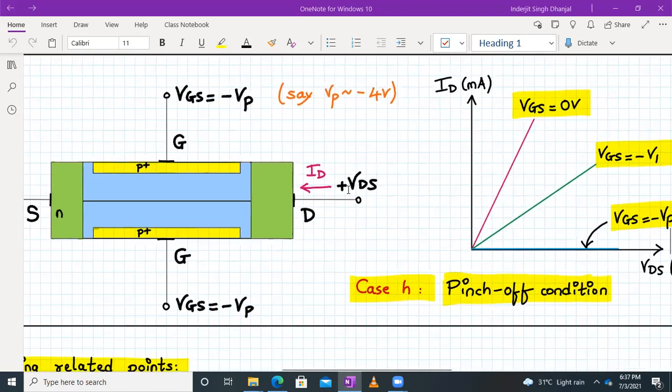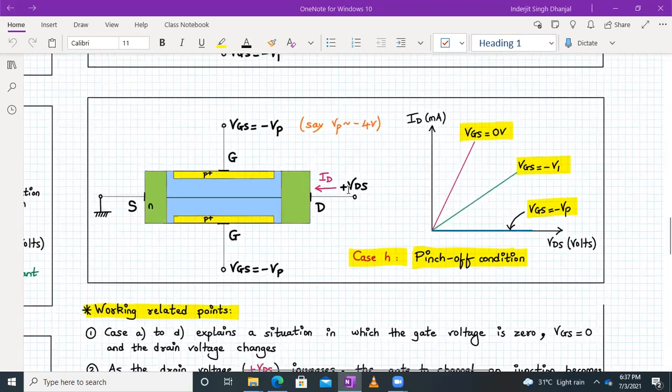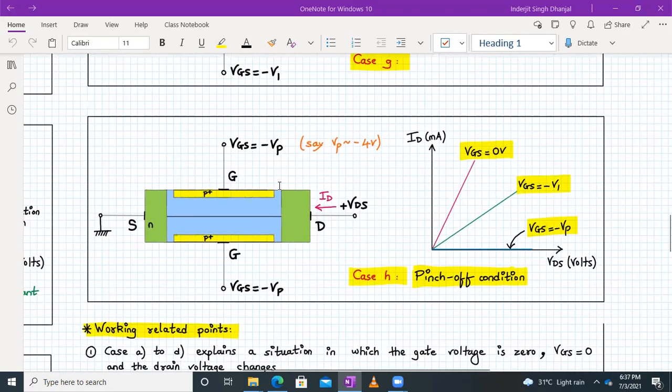In this manner, your drain current in the channel is controlled by the gate to source voltage. And we can say that the JFET is a normally on device, or a depletion mode device, because an external voltage has to be applied to its gate terminal to turn the device off.